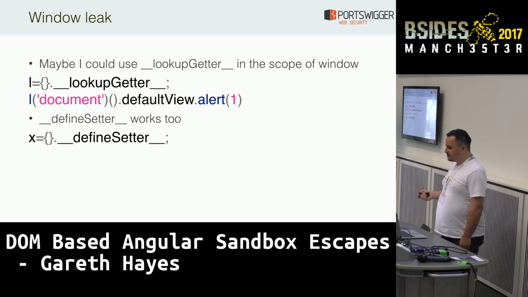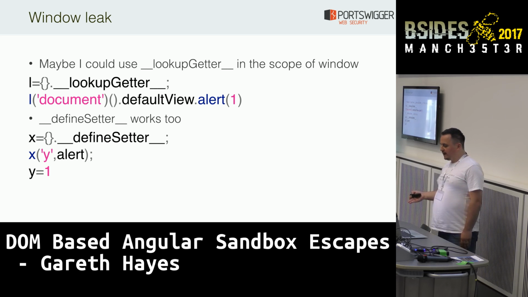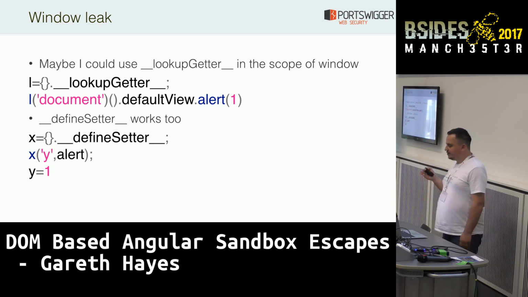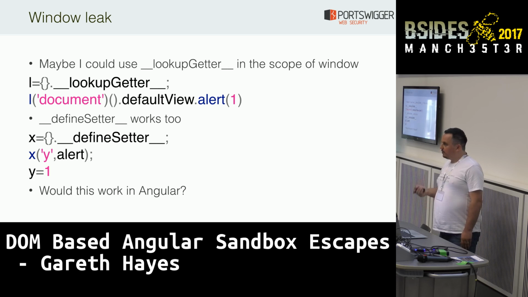So again, I use define setter this time. I call define setter, which works on window, so it adds a new setter on window of y and calls the function alert. So when you assign to y, then the alert function will be called, and Chrome will be using the window object. Well, would this work in Angular?